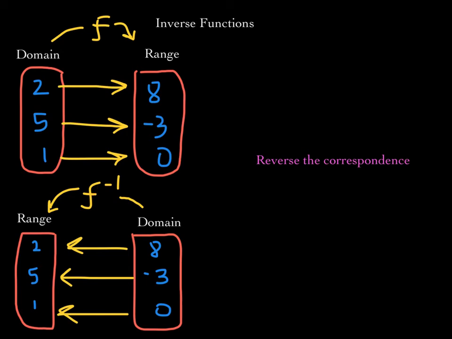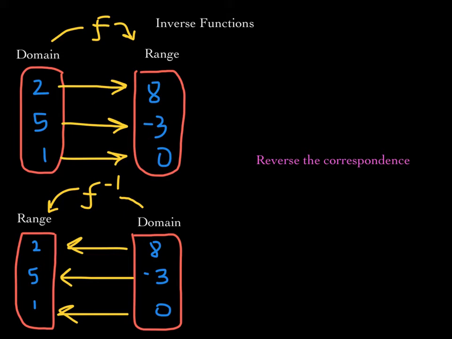That's how we say f inverse. So when you hear or read the word inverse, think of opposite. Think of reversing this correspondence. Instead of this entry 2 corresponding to this entry 8, it's now 8 corresponding to 2.